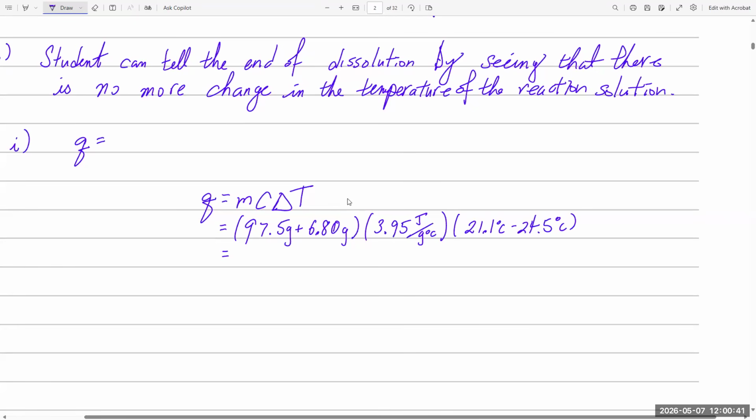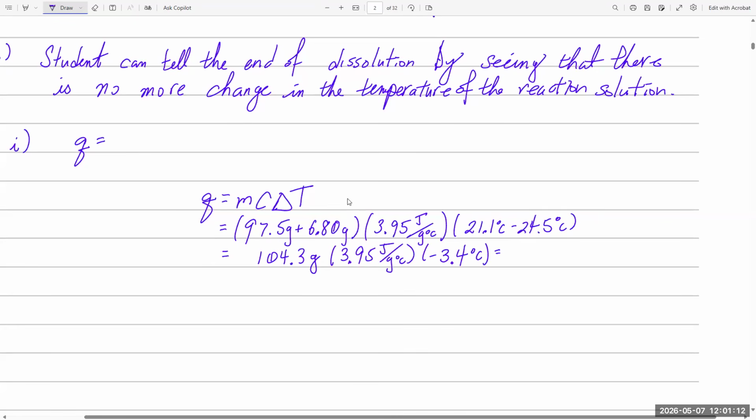What does that give us? Could I do this in my head? The mass is going to be 104.3, right? Times 3.95 joules per gram degree Celsius. And our delta T is going to be negative 3.4, I think, right? And what does that get us?